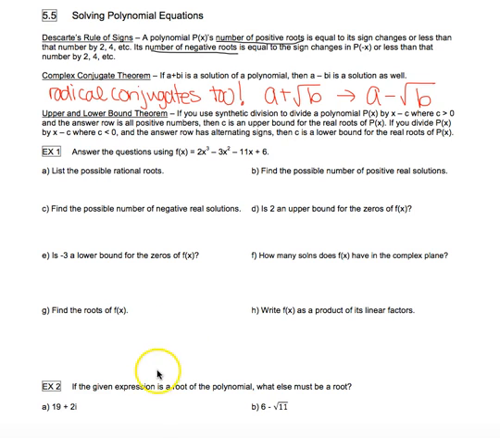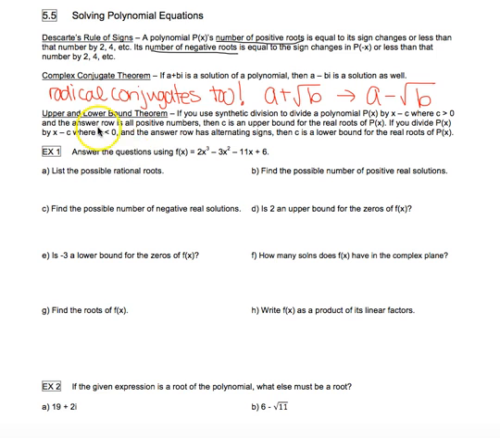The reason why is you only get i's if you have a square root, and obviously with radicals you have a square root as well. So those always come in pairs. You're never going to have just one radical solution or just one imaginary solution. They have to come in pairs. So you either have none of them, or two of them, or four of them, six of them, and so forth.